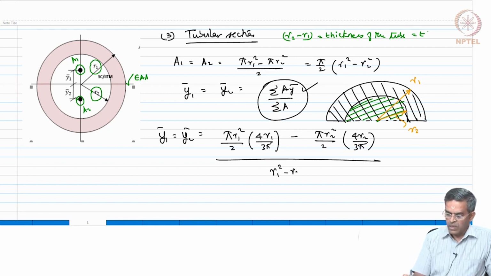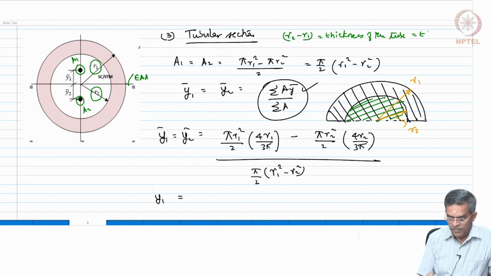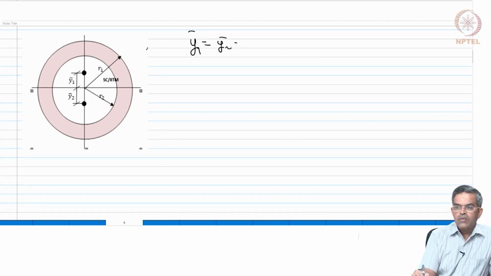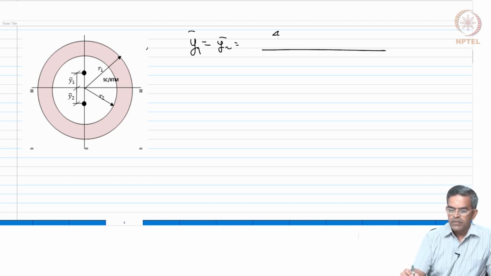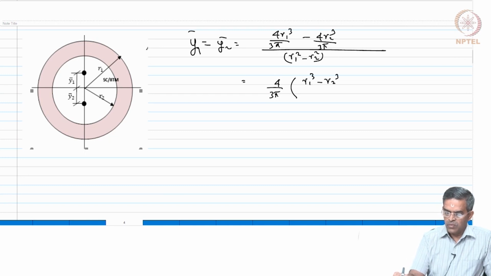Divided by sigma a, which is r1 square minus r2 square times pi by 2, this simplifies to 4 by 3 pi of r1 cube minus r2 cube divided by r1 square minus r2 square.